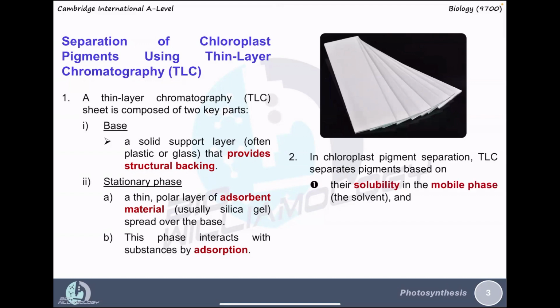First, the pigment solubility in the mobile phase, the solvent that dissolves the pigment, as well as their adsorption to the stationary phase, which is silica gel on the TLC. Again, adsorption can be interpreted as the interaction between the pigment and the silica gel.